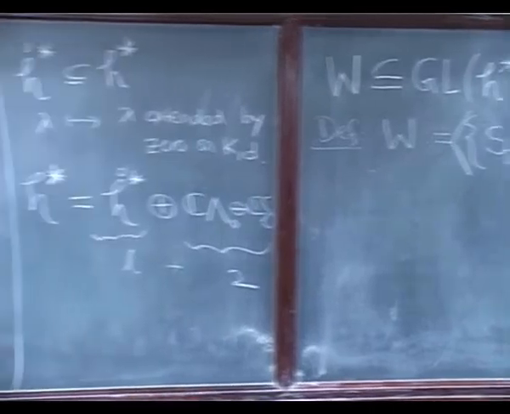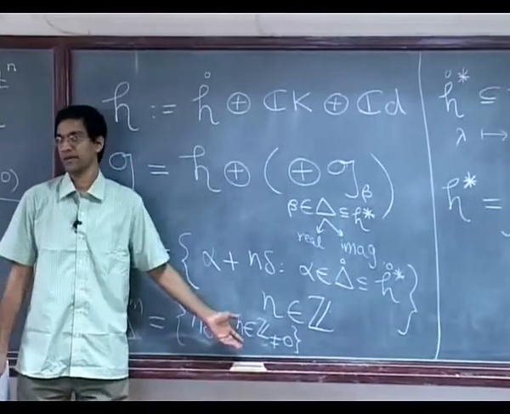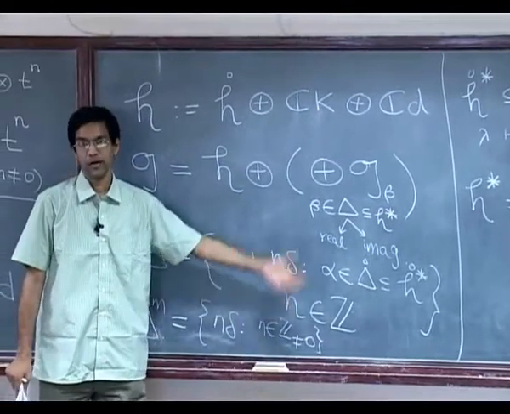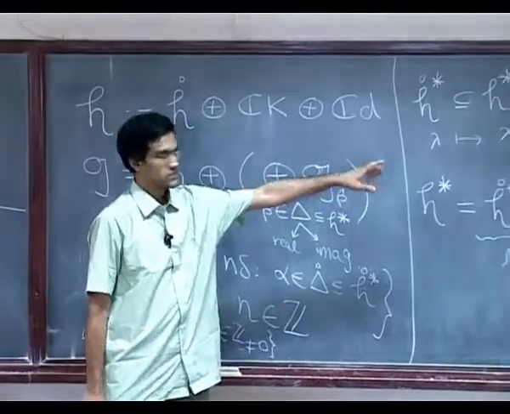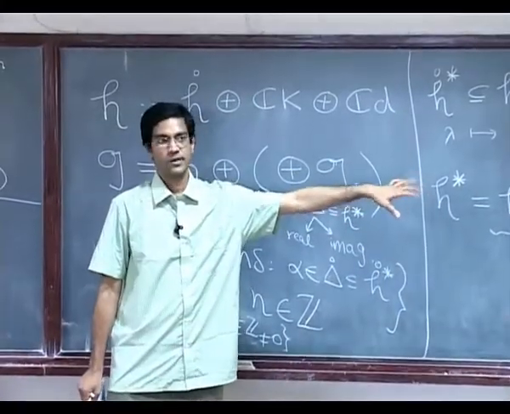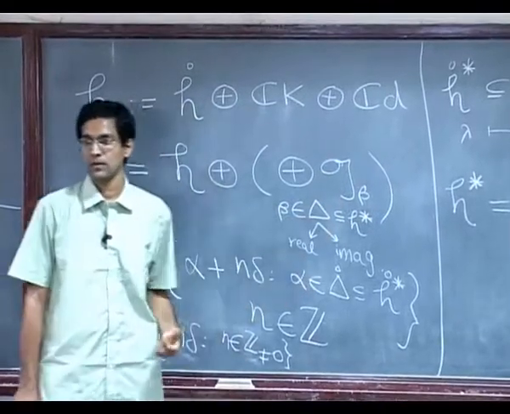So for example, I should let it run over everything of the form alpha plus n delta as well as everything of the form n delta, right. So if one were to just mimic the finite dimensional definition of the Weyl group. So now firstly we need to make sense out of all these things. For example, what does it mean to talk about the reflection S alpha?